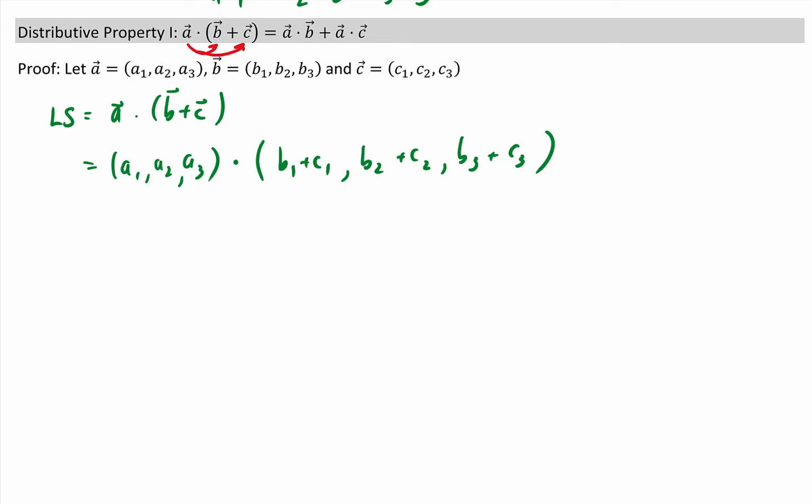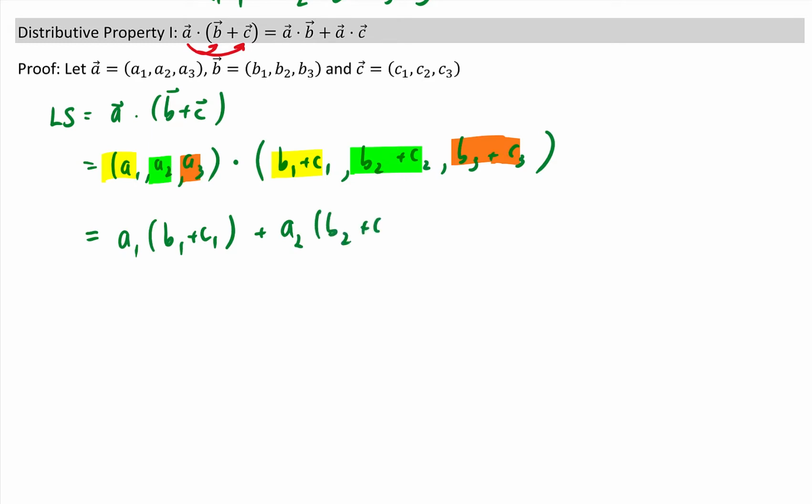Next, using our dot product, and remember that means I'm going to multiply the x with the x, the y with the y, and the z with the z. So I end up with A1 times B1 plus C1, plus A2 times B2 plus C2, plus A3 times B3 plus C3.